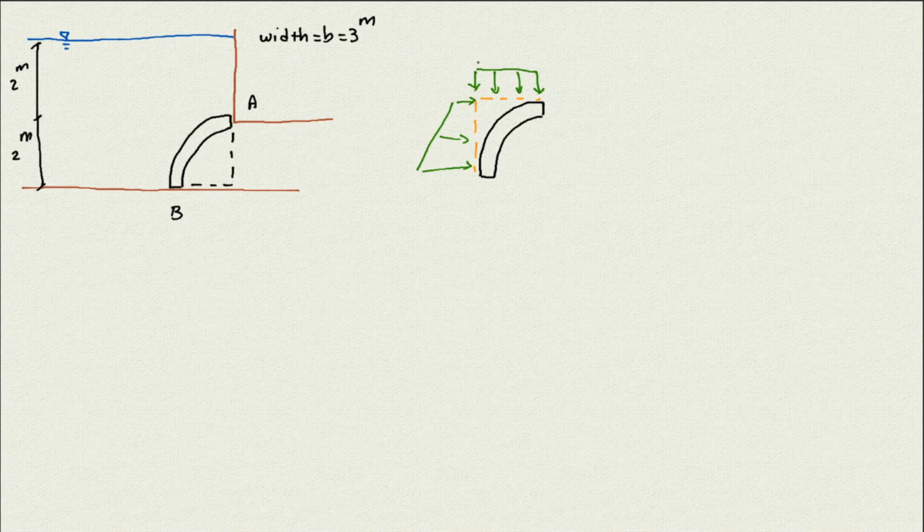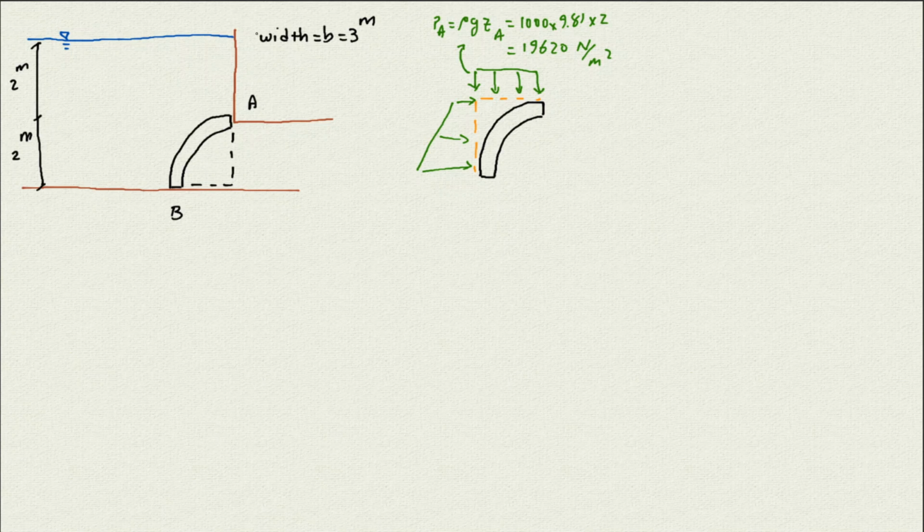So on the top we know the pressure at point A. It's going to be rho g ZA, which is 1000 times 9.81 times the Z for point A, which is 2 meters, so the depth is 2 meters. So the magnitude of that would be 19,620 Newton per square meter.